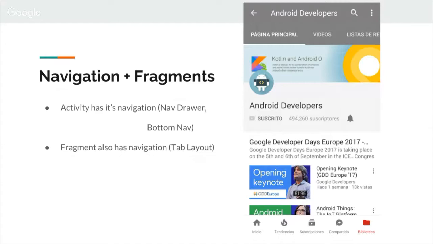And the bottom navigation. And when you go into a channel, you also see tabs that you can use to navigate through a channel, through their videos, their playlists and whatnot.